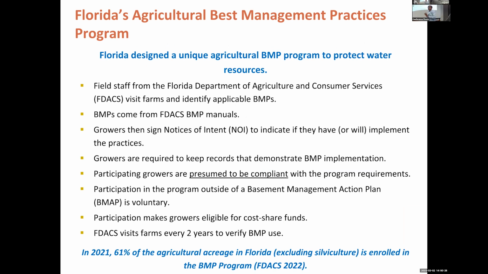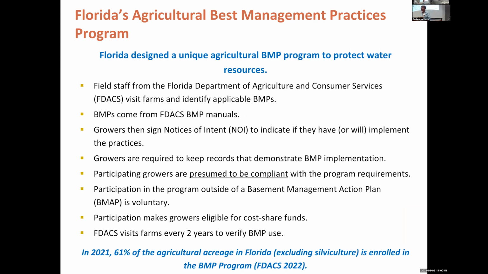Now, here's where I want to spend a little bit of time. Who is familiar with the FDACS NOI program? 2 people. Okay, I'll spend a little bit more time. So the state of Florida has a list of BMPs and a very unique program. These BMPs are supposed to help improve water quality in the state. They're all agricultural BMPs.